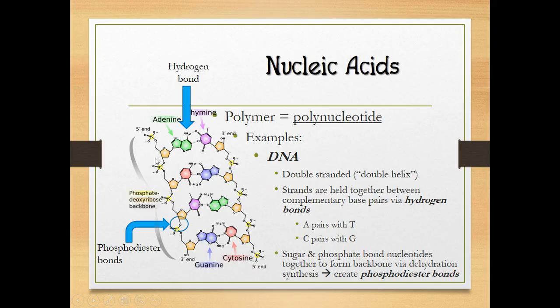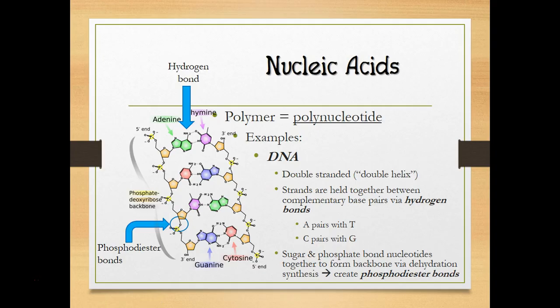But in the backbone of your DNA molecule are your sugars and your phosphates, so these alternate in this backbone. And we take a look at DNA like a double helix or a twisted ladder. So think of your base pairs and the hydrogen bonding here being the rungs of those ladders where you put your hands and feet. And then your phosphate and sugars are the sidebars that you might hang on to.